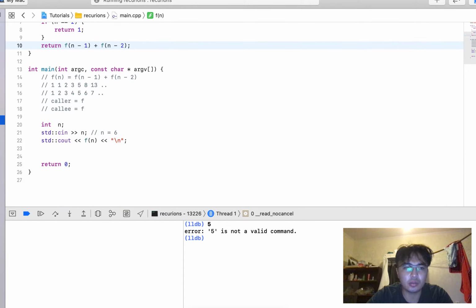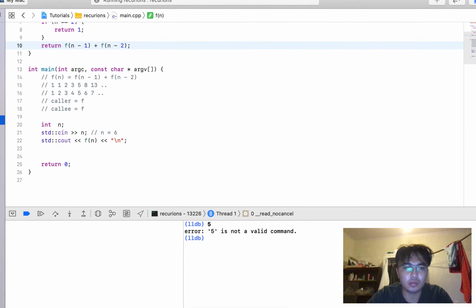The simple answer for some might be just to save the Fibonacci number here, output it, and return the same Fibonacci number.